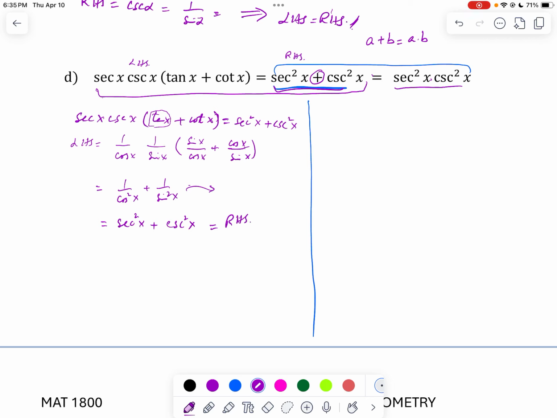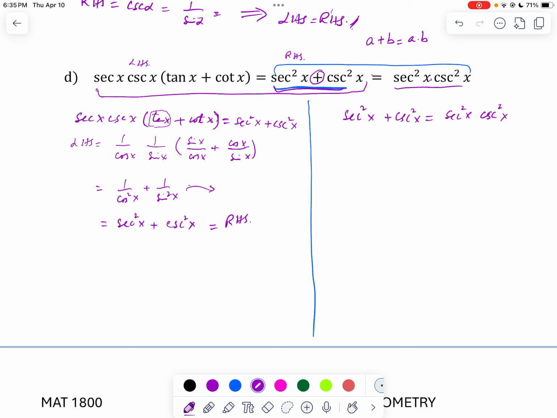Now I take the next one, which is, I'm going to show now that secant square x plus cosecant square x equals secant square x times cosecant square x.